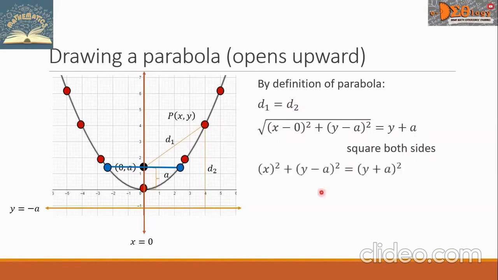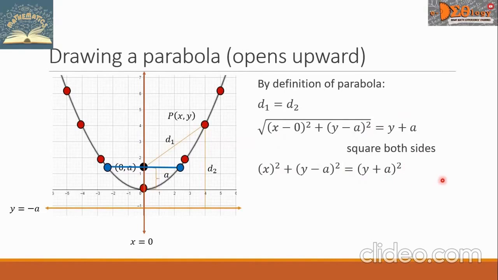So the left side becomes x squared, since x minus 0 is simply x, and then the square of y minus a we simply copy here. And this is equal to the square of the right side, and that is (y plus a) with power 2.